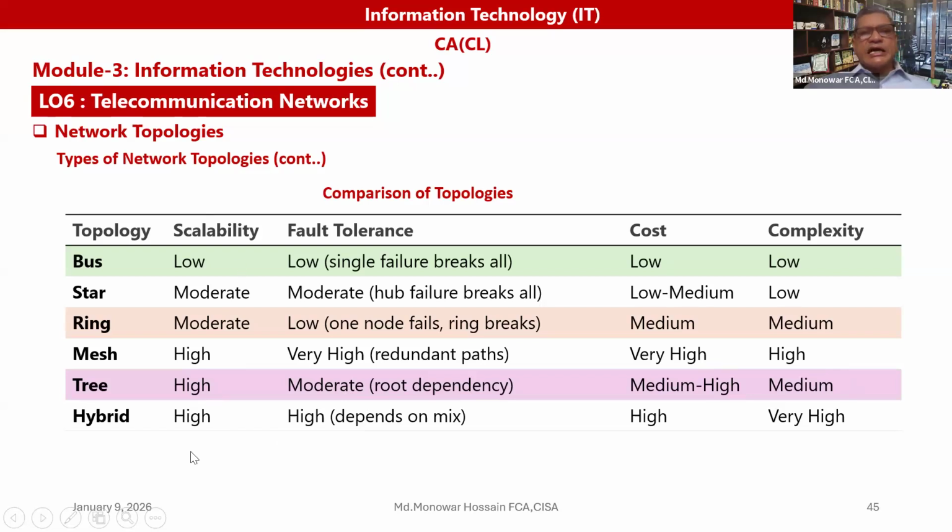But hybrid has high scalability and high fault tolerance, cost is high, and complexity is very high. So this is the comparison of network topologies: bus, ring, star, mesh, tree, hybrid. All are physical structures.